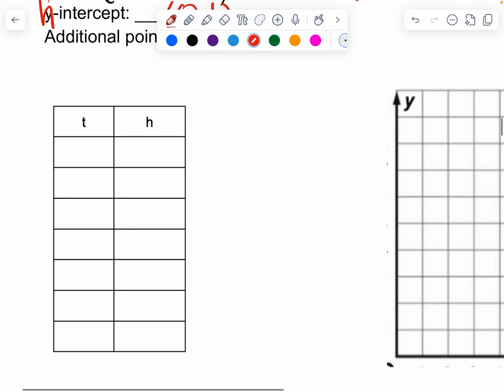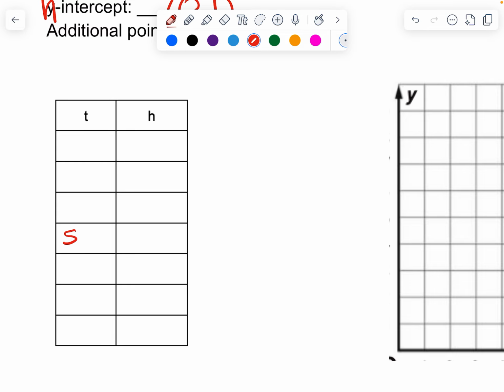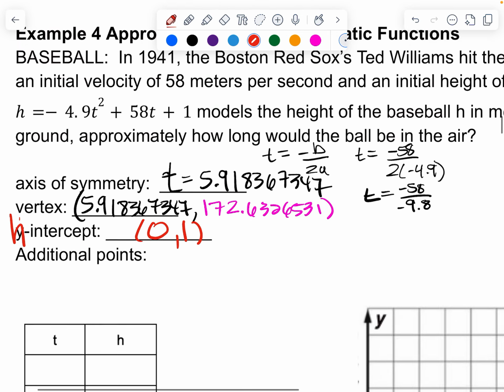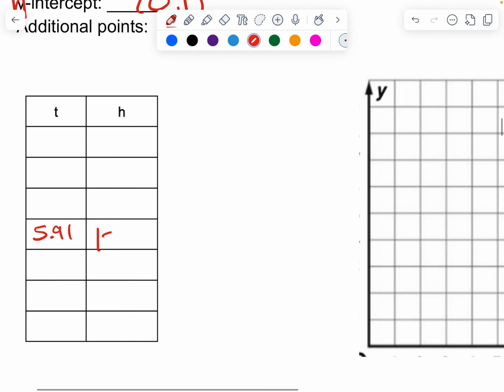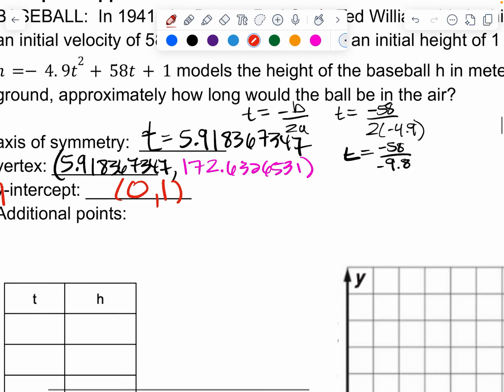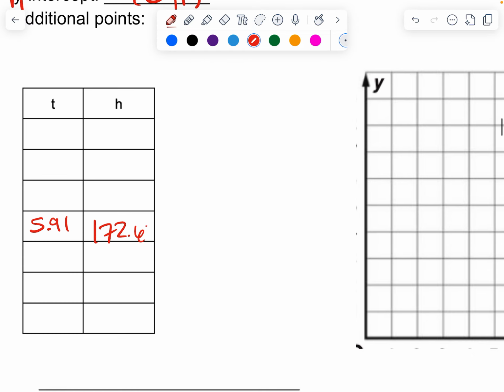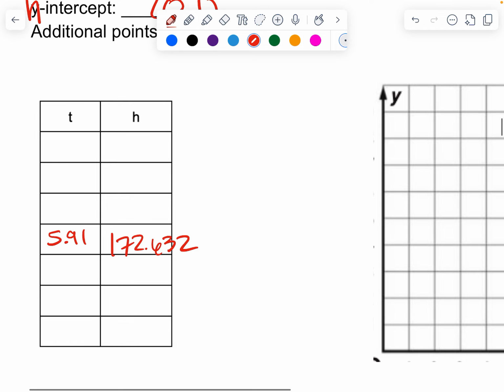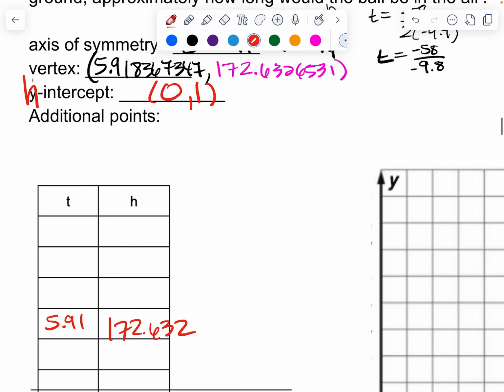So the middle one is 5.9-ish and 172.632. Okay, we know that 0 is going to be 1.